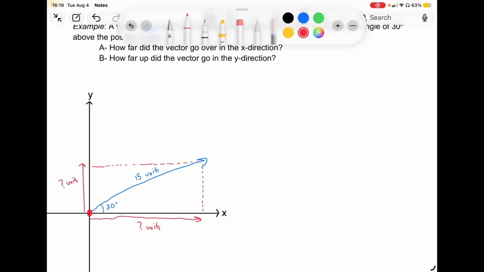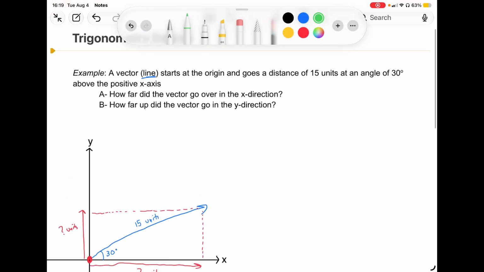You, of course, already know the answer, which is that if we look in the x direction or in the y direction, the distance that this arrow will have covered is going to be less than 15 units, right? Because really what we're doing is making a triangle.